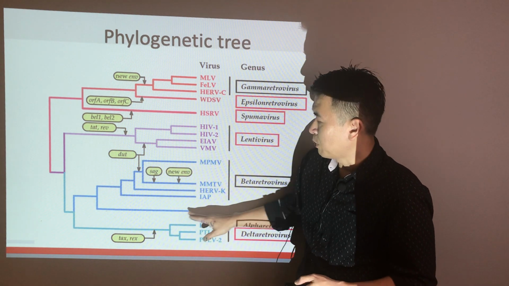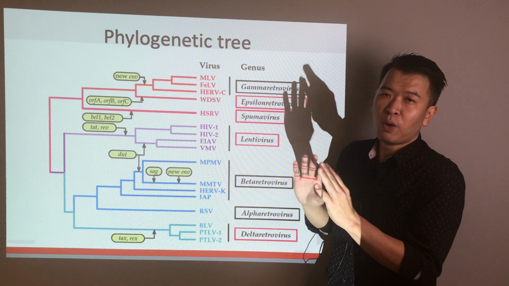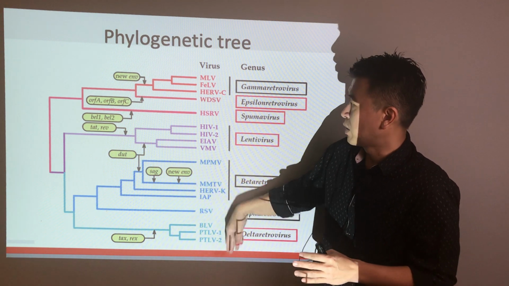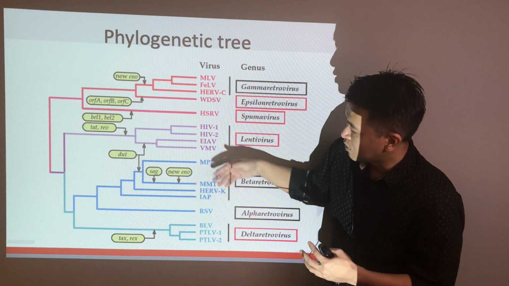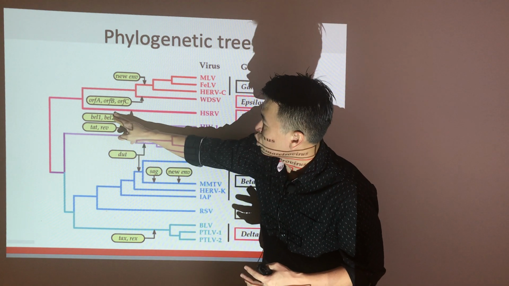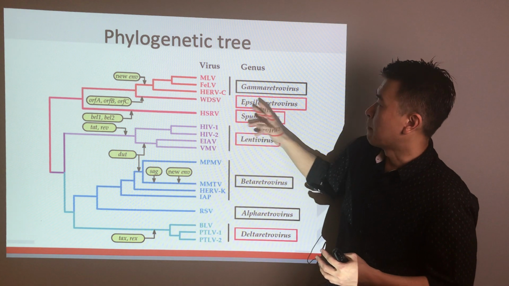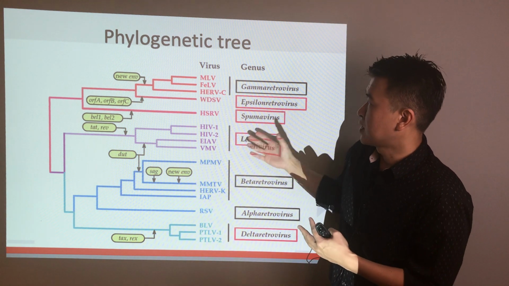You can see they are simple, there is nothing additional, meaning that whatever genes are present here are present in the others. And over the course of evolution, you can see new genes being introduced into each branch that make them a separate group of viruses.